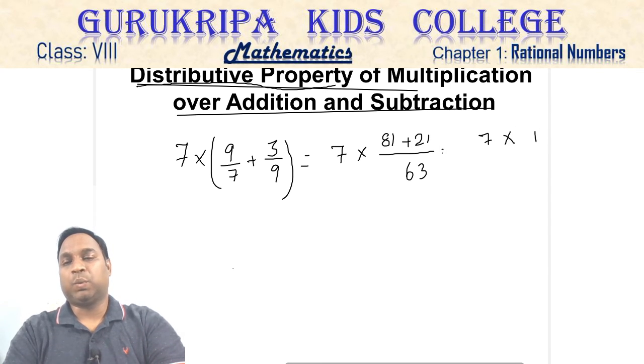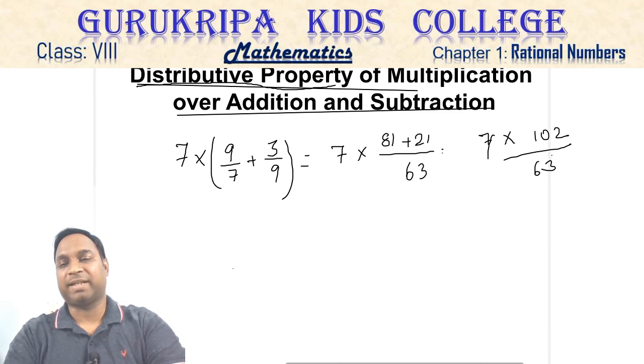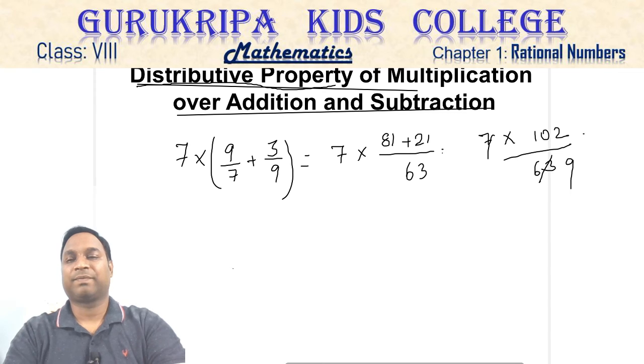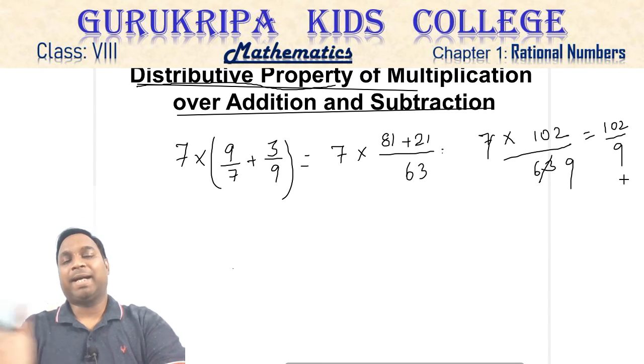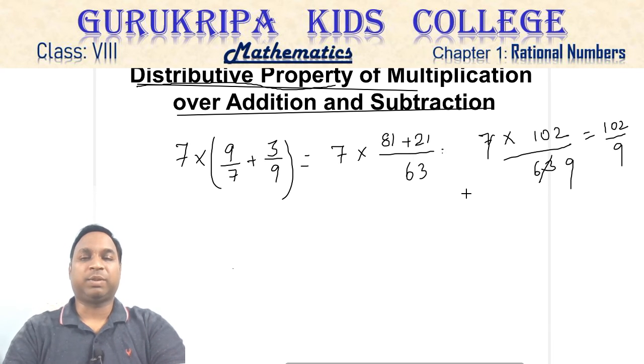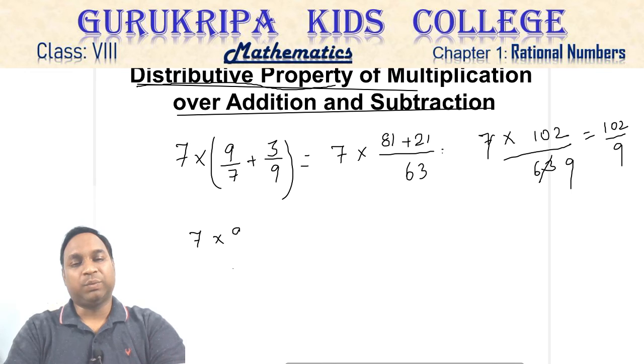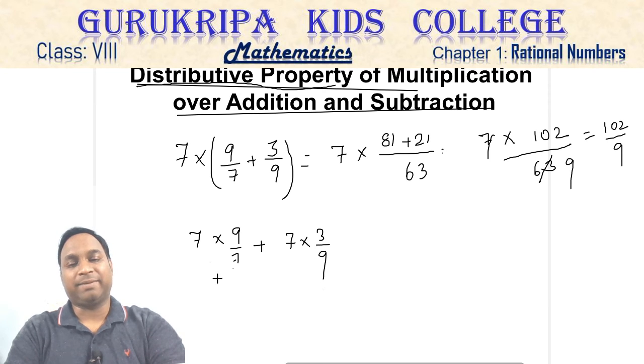7 into 102 divide by 63, और फिर से ये 7 cancel हो जाएगा. You will get 9 over here. 102 divide by 9. अगर इसमें distributive property लगानी होती तो क्या कर सकते थे हम लोग? We could have done 7 into 9 divide by 7 plus 7 into 3 divide by 9. ठीक है, ये 7 cancel हो जाएगा.